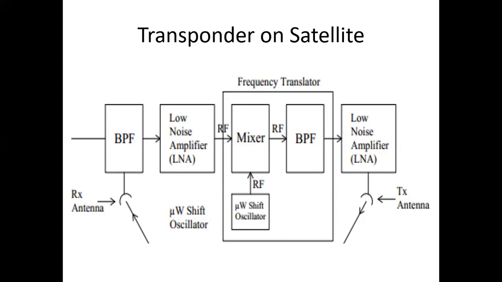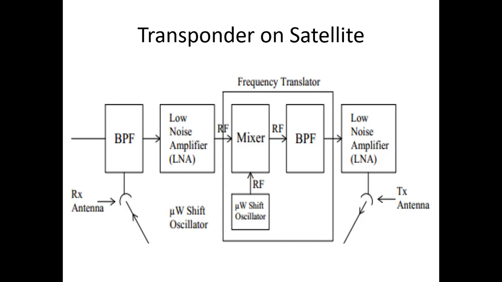I mean, you are not converting into the original signal. The same signal is just given a different frequency for downlink operation. We know that for downlink it will be a lower frequency.